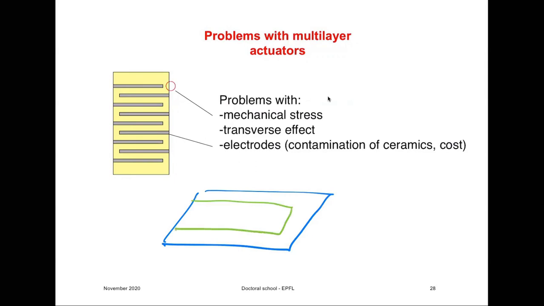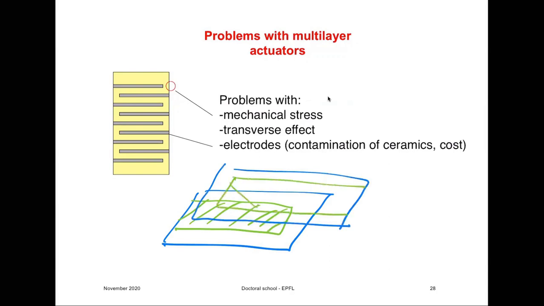Then you put electrode on the top of that, then you take the next tape, and then you put electrode on that one, and then you pile. You can pile hundreds of these tapes on the top of each other.